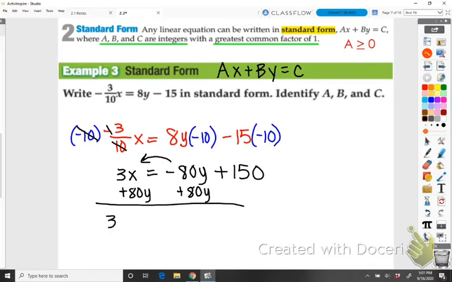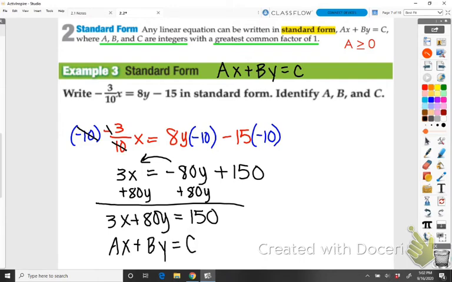So this is going to look like 3x plus 80y equals 150. So this is in the form ax plus by equals c.